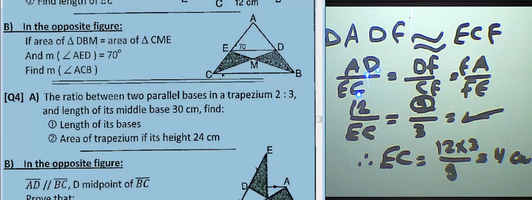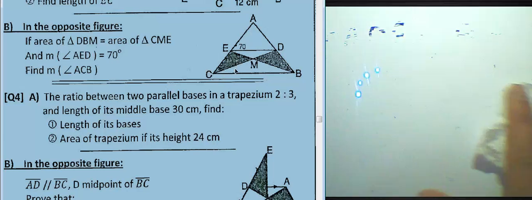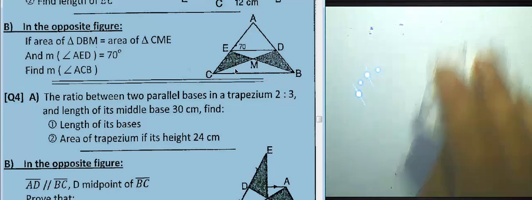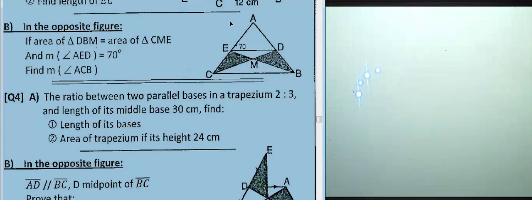If the area of triangle DBM equals the area of triangle CME, and the measure of angle AED equals 70 degrees, find the measure of angle ACB.